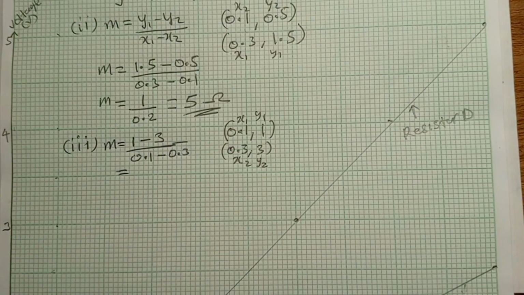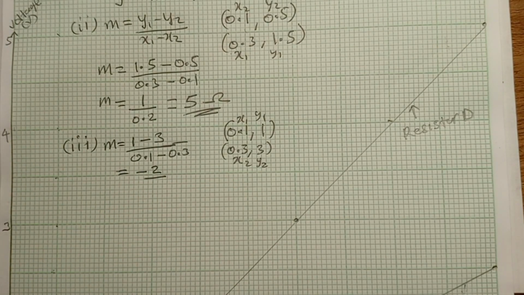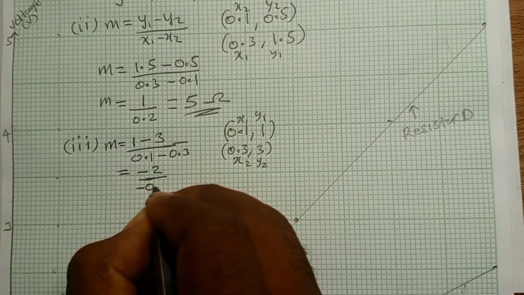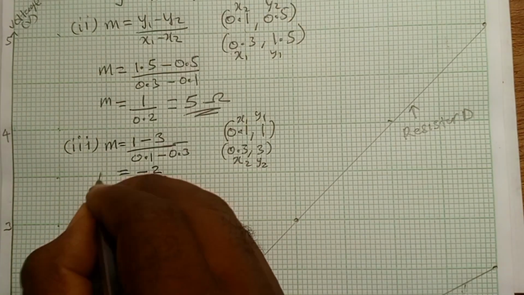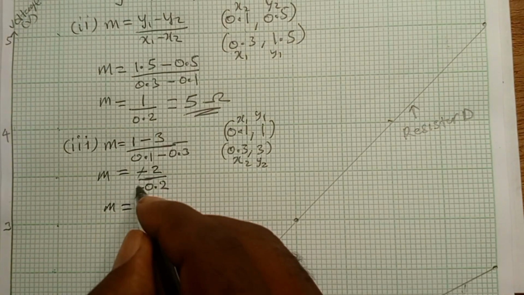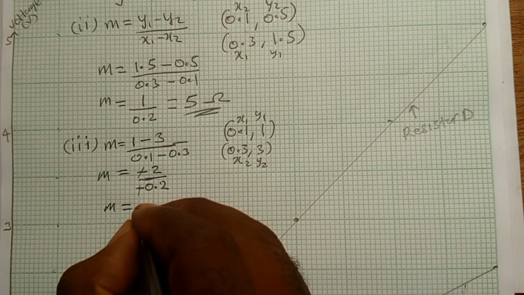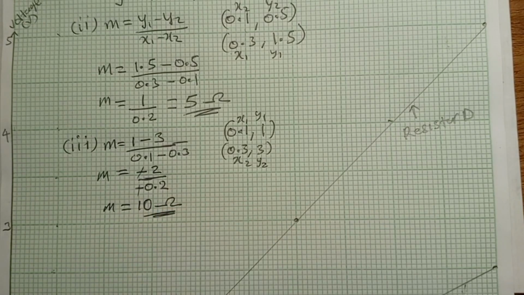So 1 minus 3, that is negative 2. 0.1 minus 0.3, we have negative 0.2. So gradient is equal to negative 2 over negative 0.2. The answer is 10. So we have 10 ohms.